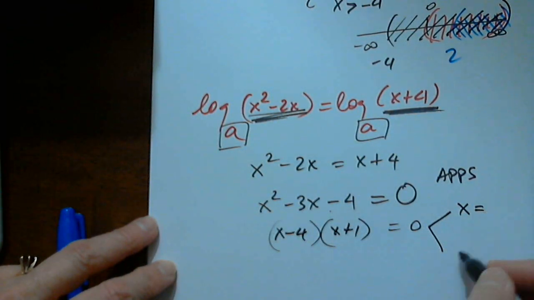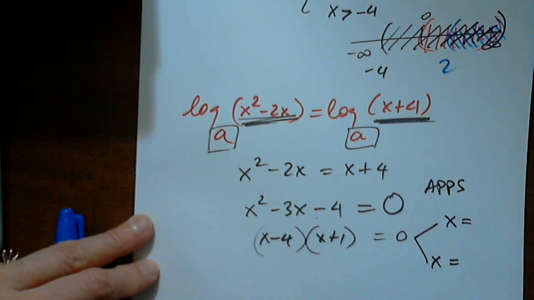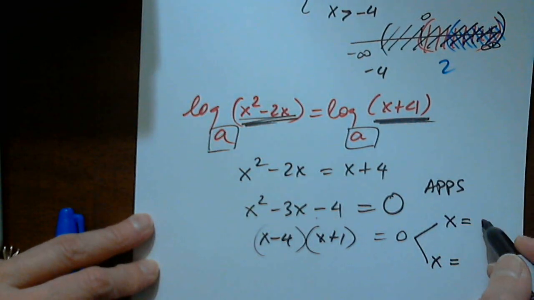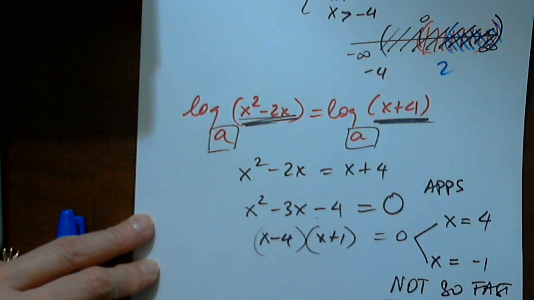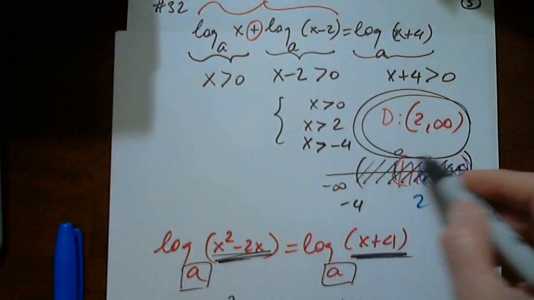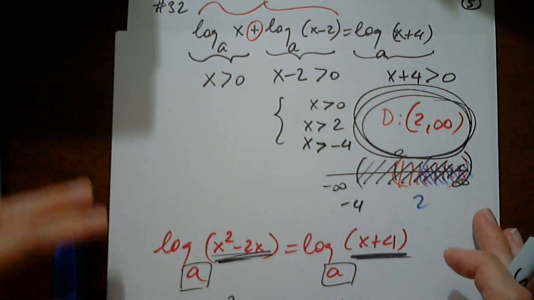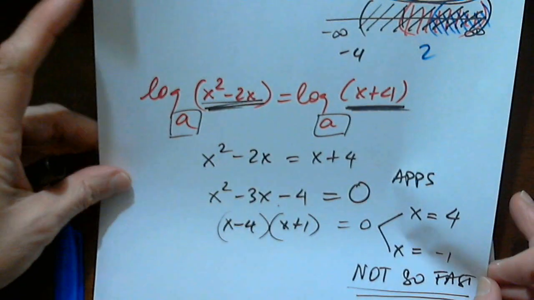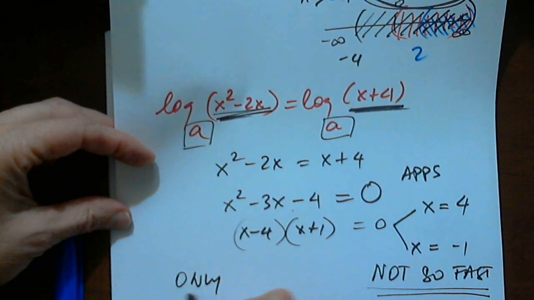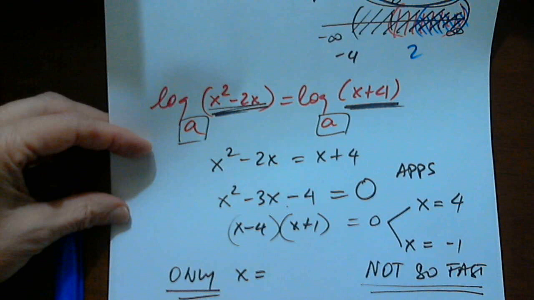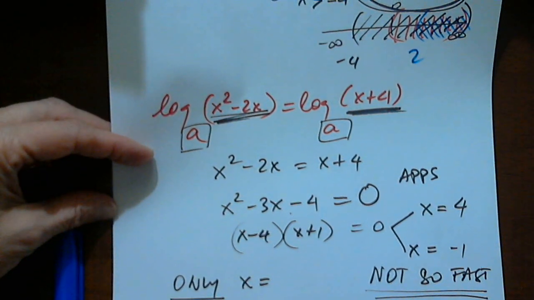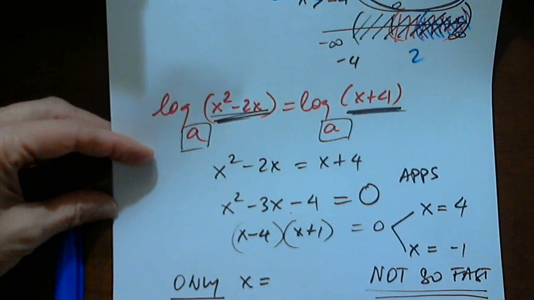So the two options are x equals 4 and x equals -1. And the answer is not so fast, right? I found the solutions. No, no, no, no. I worked hard for this. So then what do we conclude? You muted yourself before we heard the answer, Kevin.